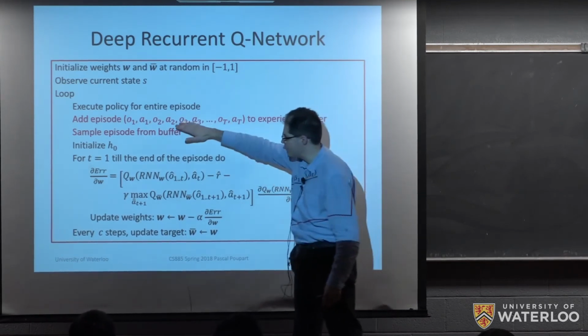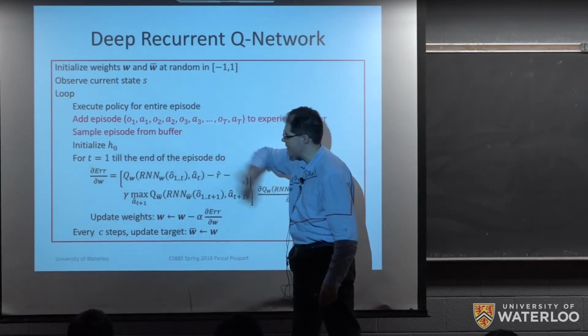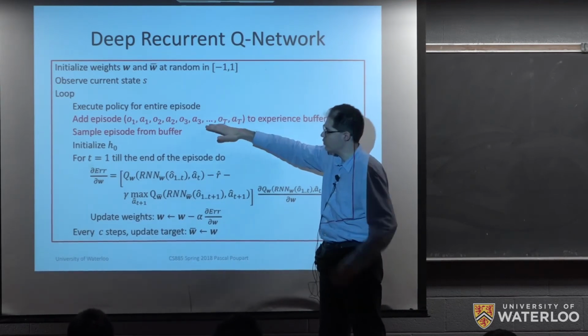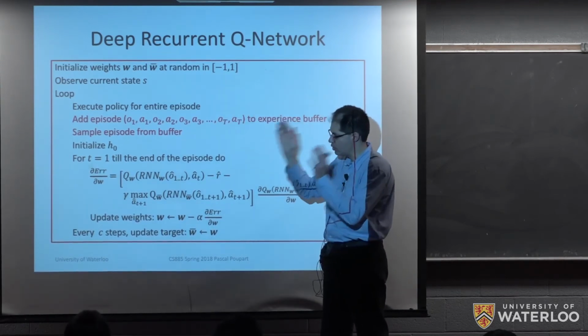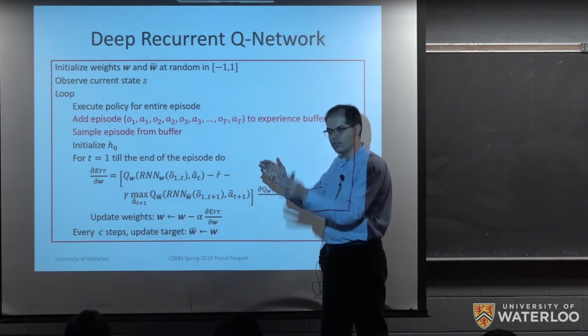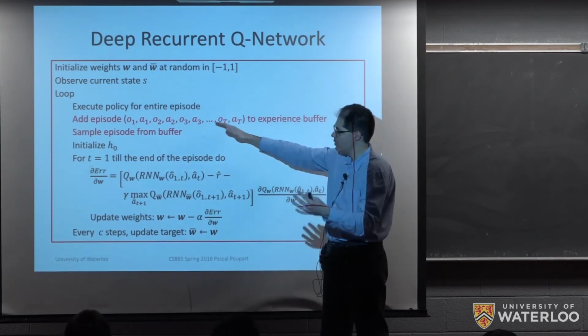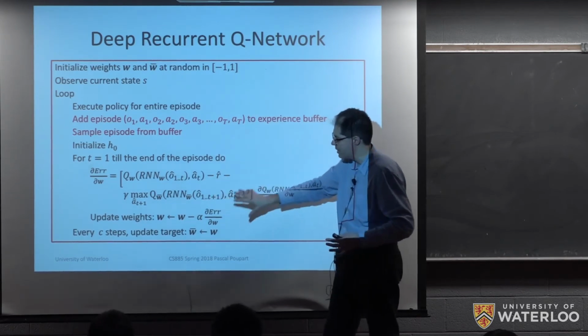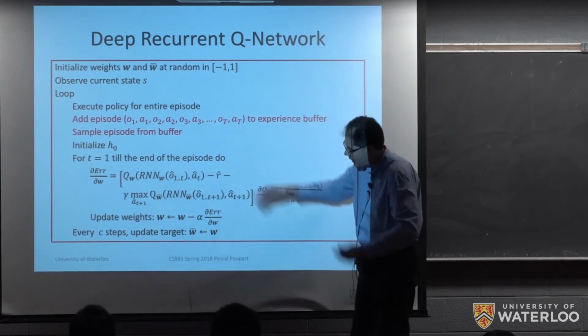So we would have an episode, and I guess we're going to store information in terms of episodes as opposed to just triples of a state, an action, and the next state. So here we store the entire sequence.